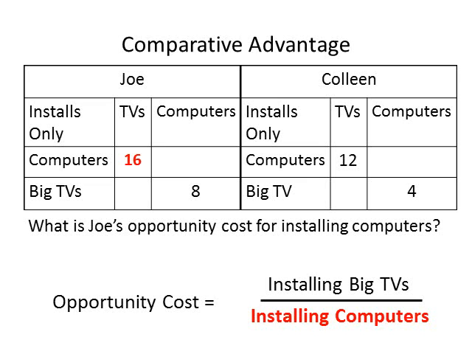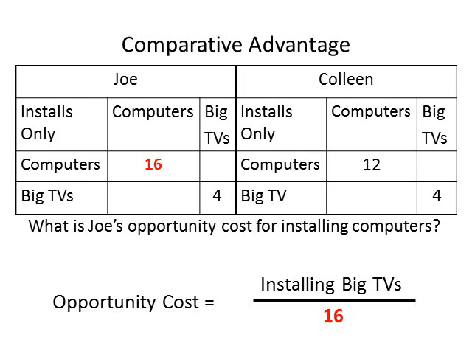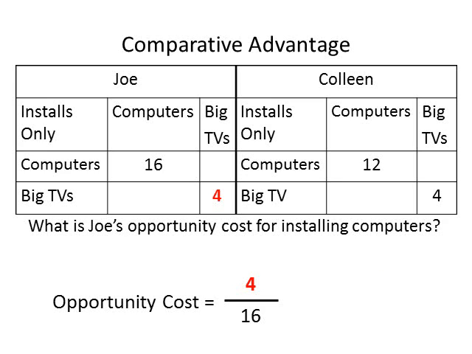Next, we need to look back at our table to see how many computers Joe is capable of installing. Since Joe is capable of installing 16 computers, we will substitute in that for the installation of computers. The thing that Joe gives up when he installs those 16 computers is big screen TVs, so we substitute 4 in for the big screen TVs.